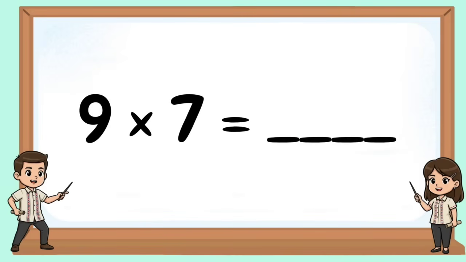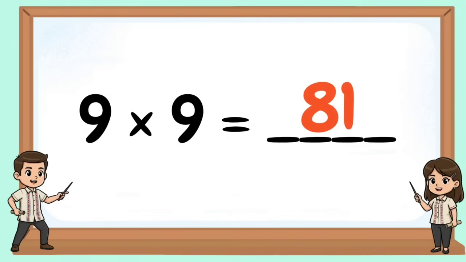9 times 7 equals 63. 9 times 9 equals 81.